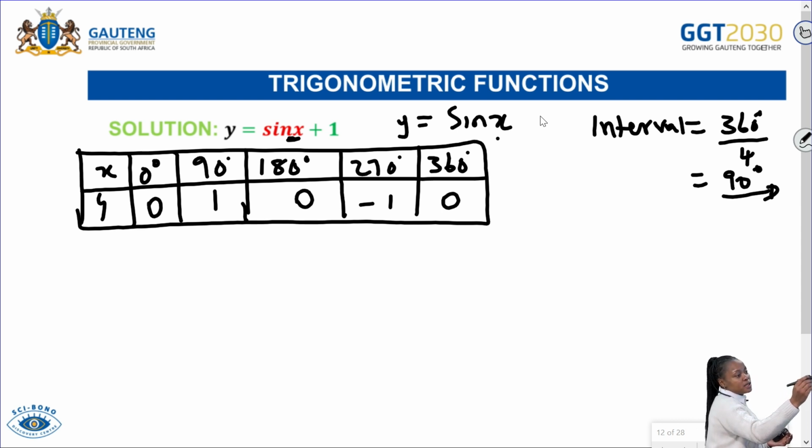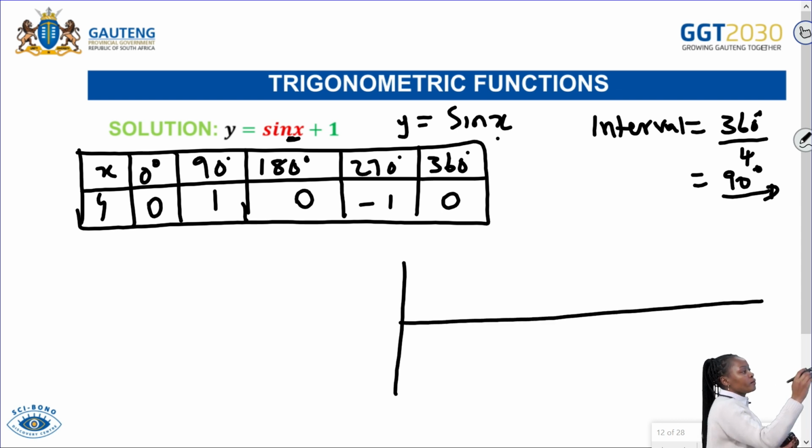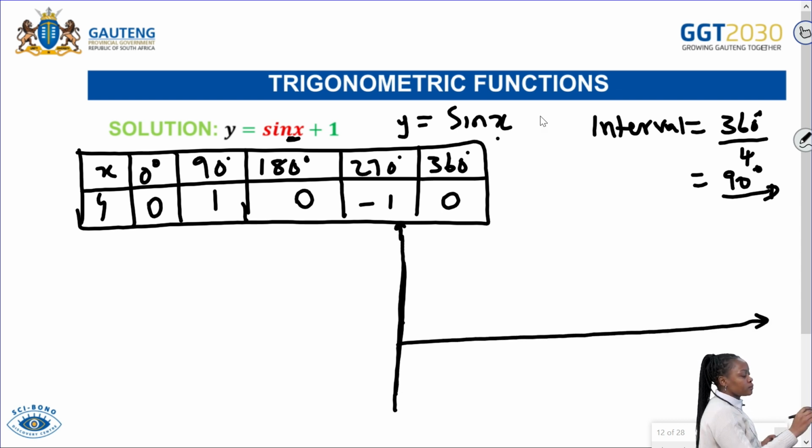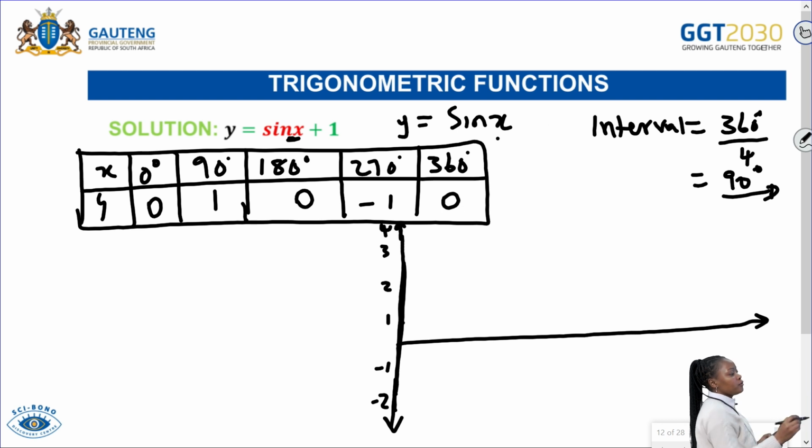Let me sketch it here. So I'll have negative 1, negative 2, 1, 2, 3, and 4.